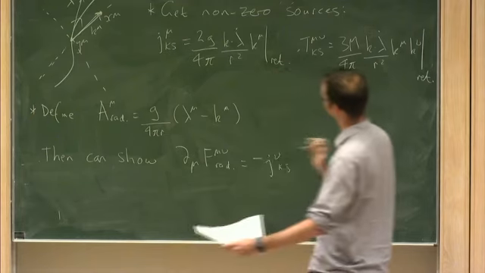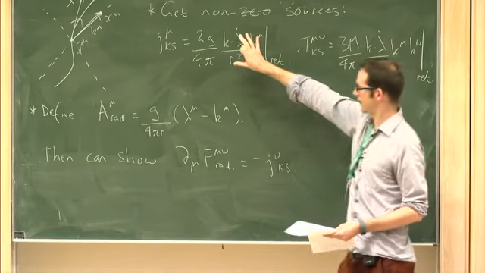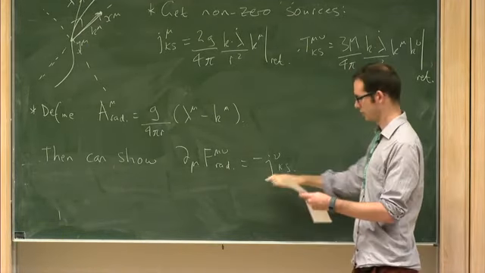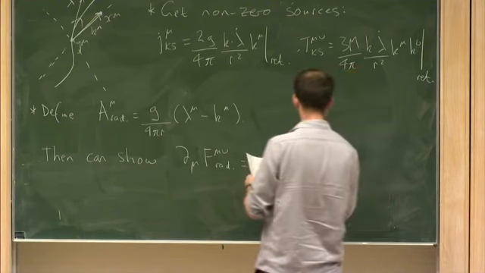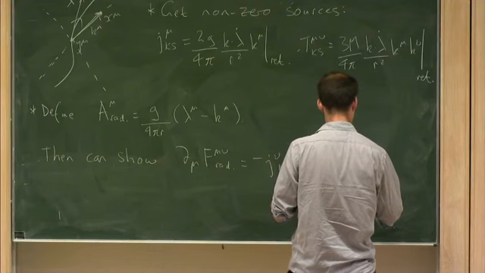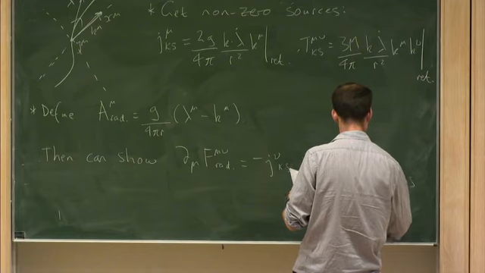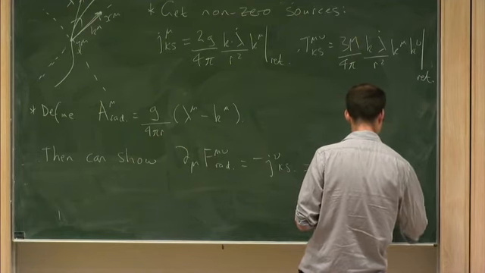So if you plug the normal Kerr-Schild solution into the Maxwell equation, you get this plus J on the right-hand side. If you were to plug this thing in, you get minus J. So in other words, the sum of the two things is a vacuum solution up to this point-like source term.